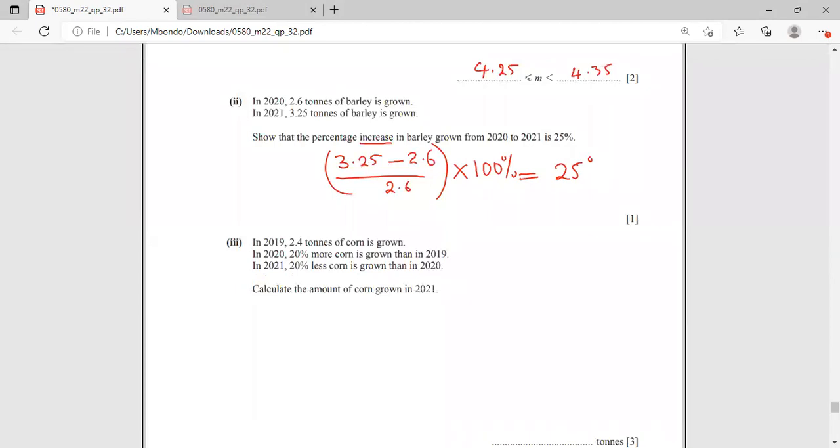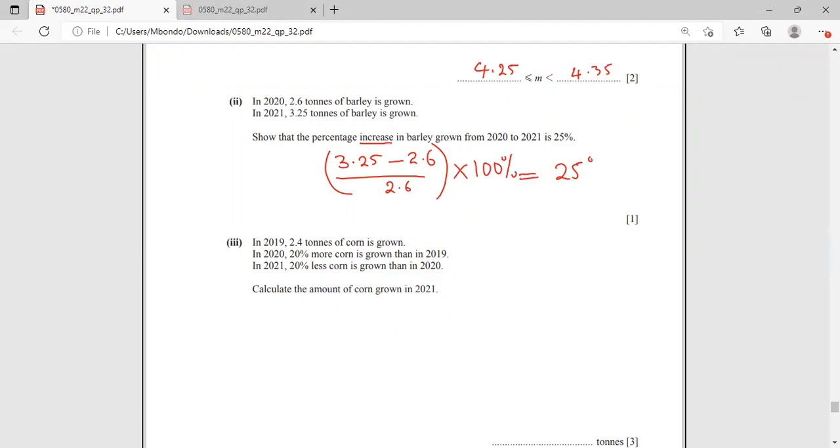Then in 2019, 2.4 tons of corn is grown. In 2020, 20% more is grown than in 2019. In 2021, 20% less corn is grown than in 2020.